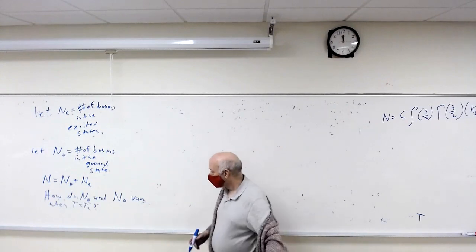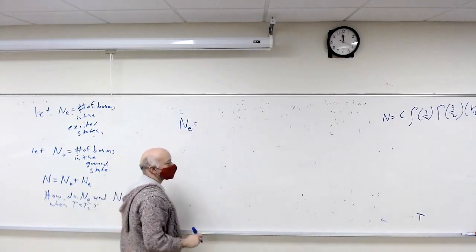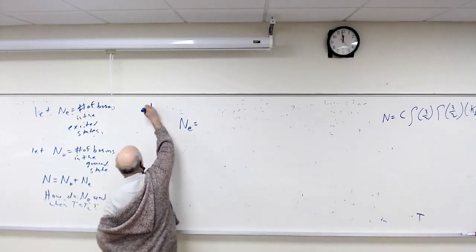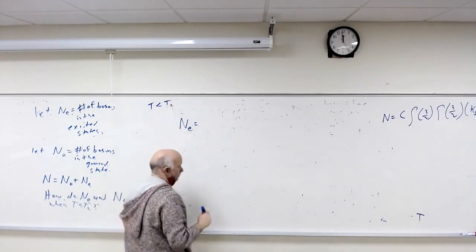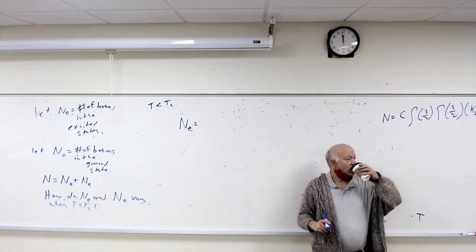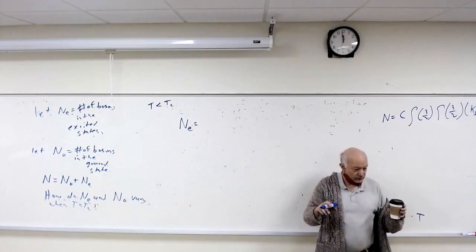Okay. So, tell me how to calculate that. How do you calculate that? Again, we're below Tc. So how do we calculate the number of excited bosons?